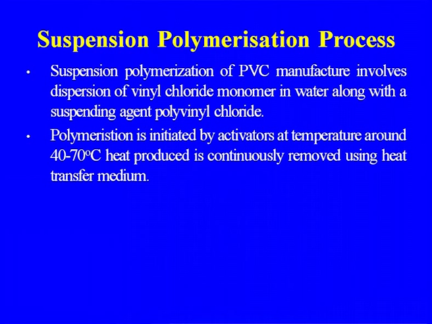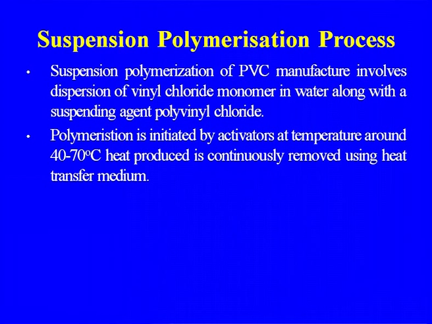So, the vinyl chloride monomer is in water along with a suspending agent, and the polymerization is initiated by activators at a temperature of 40 to 70 degrees centigrade. Heat produced is continuously removed using a heat transfer medium.